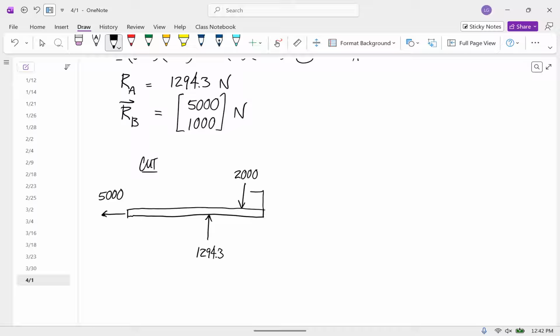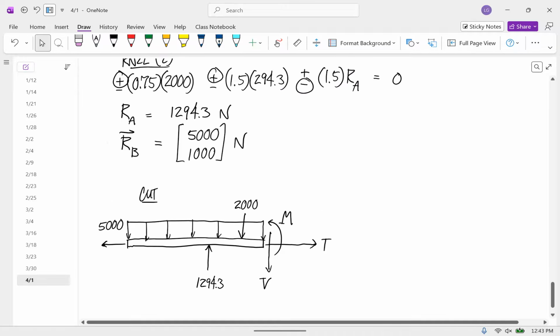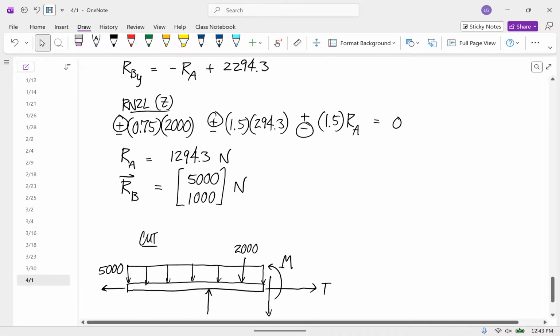But I'm going to first draw it as a distributed load. We'll calculate what that is in a second. And then my internal loads are T, V, and M. There's no fancy T here.